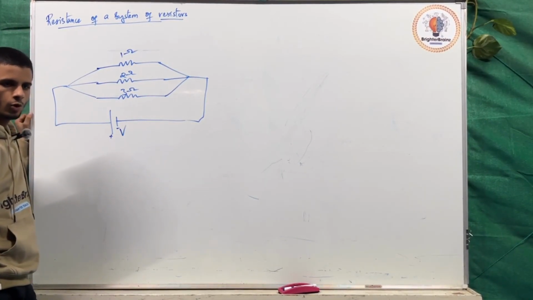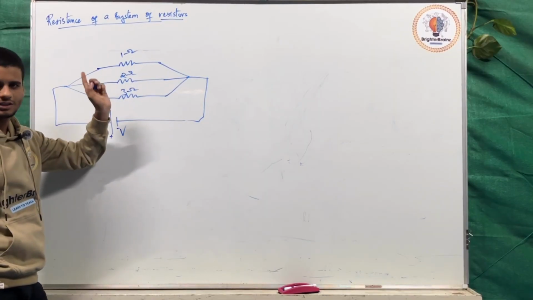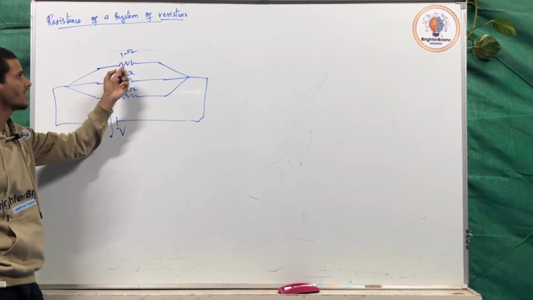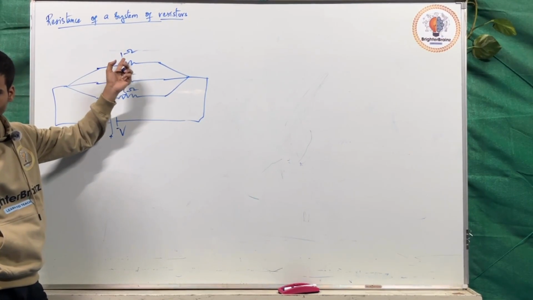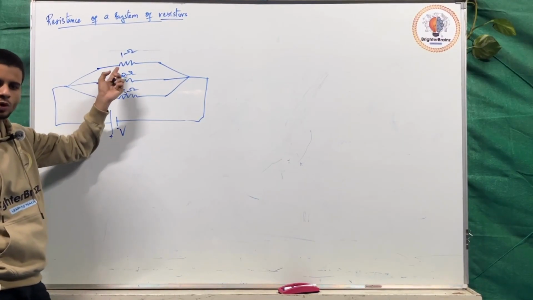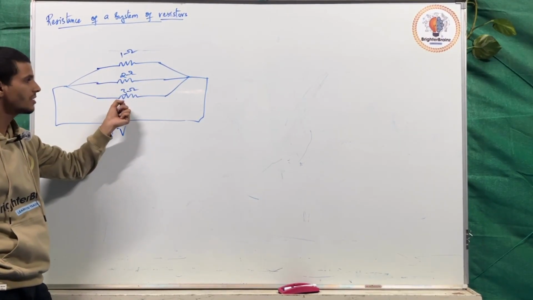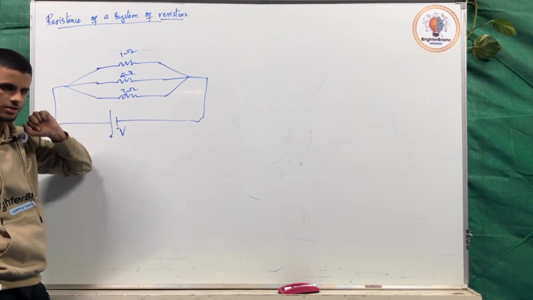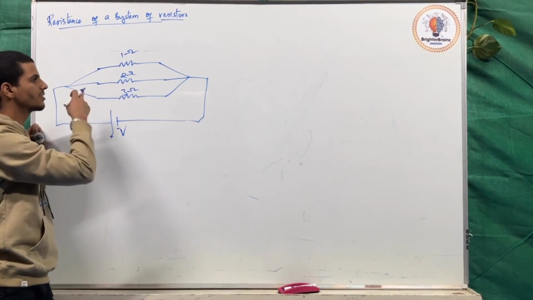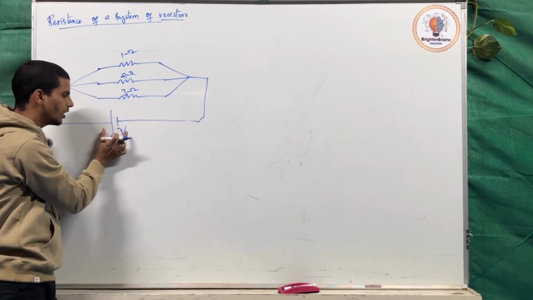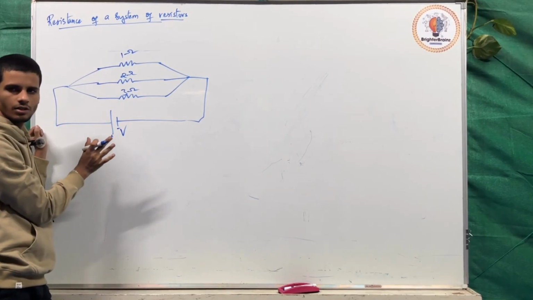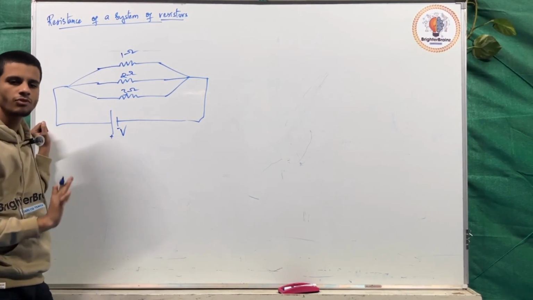Ohm is nothing but the unit of resistance. All these three are connected in parallel to a battery with potential difference V.